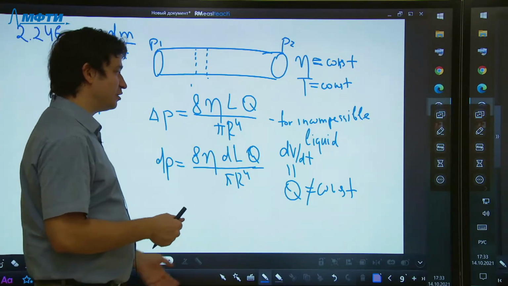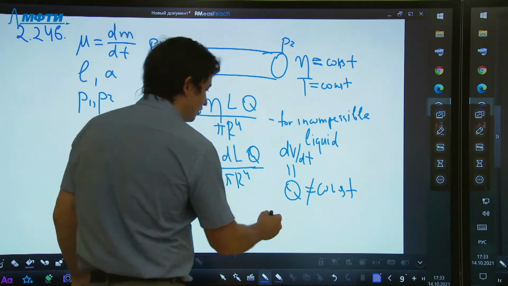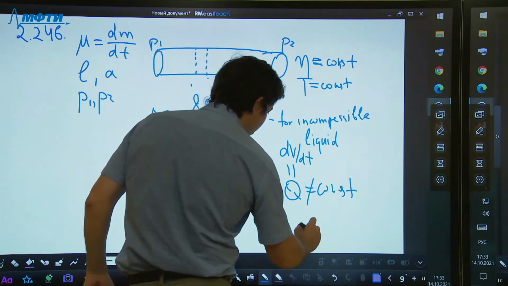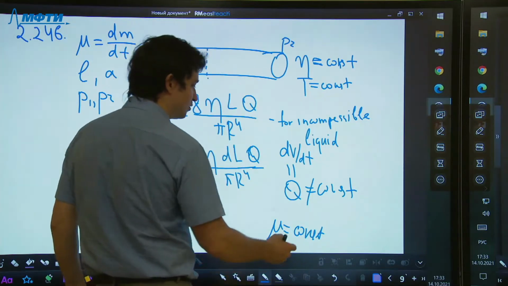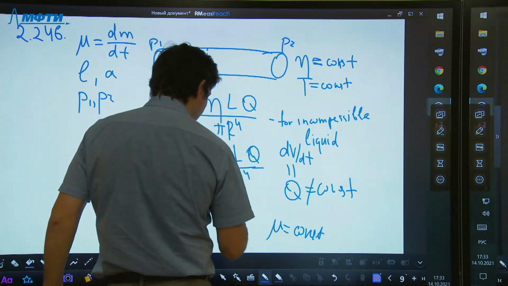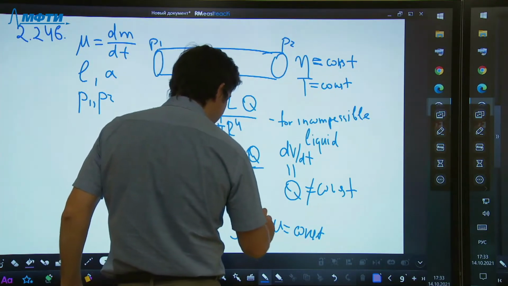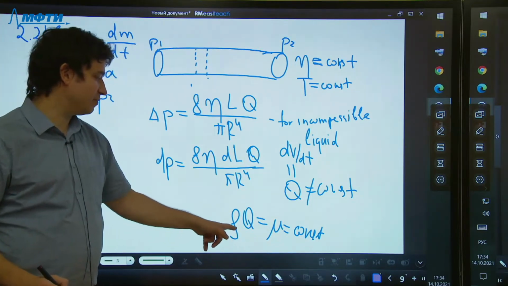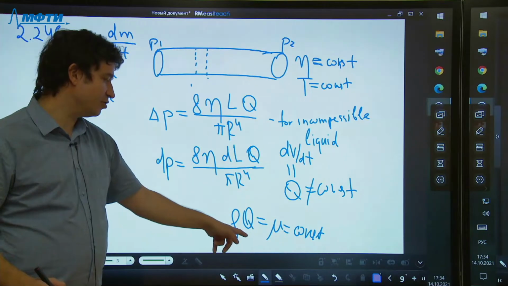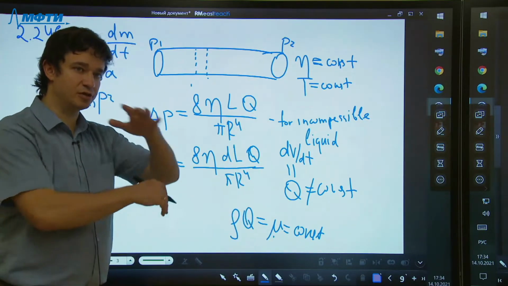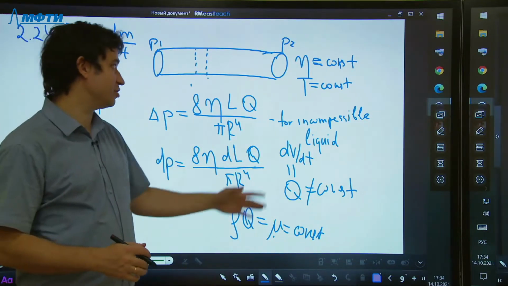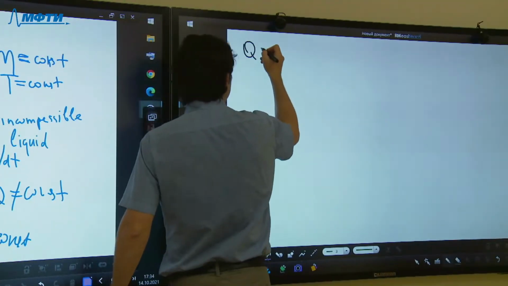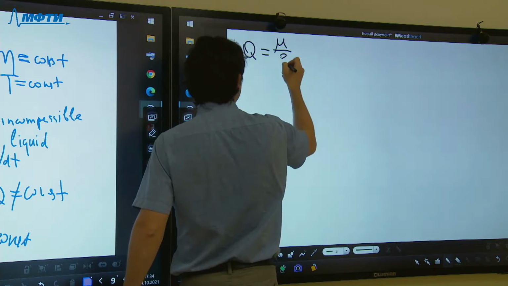Of course, you need to fix that by assuming that what is constant is mu, the mass per unit of time, or density times Q. So from this equation, where I multiply density by Q equals mu, which is constant throughout all of the cross sections of my pipe, I get that Q equals mu over rho.